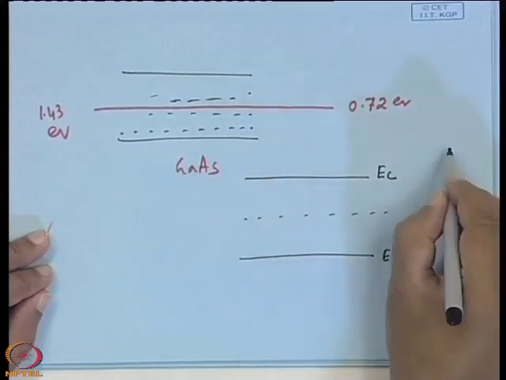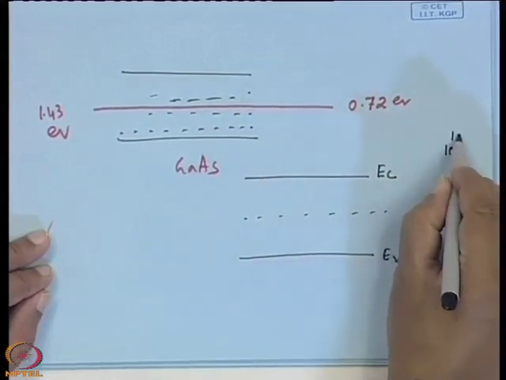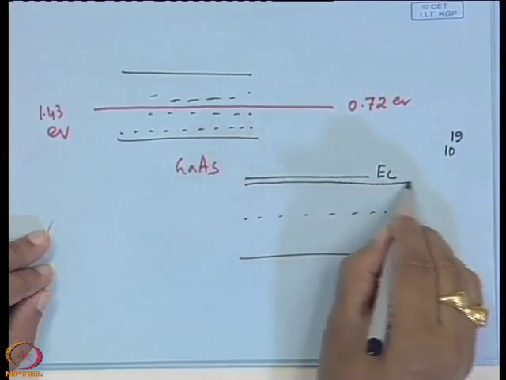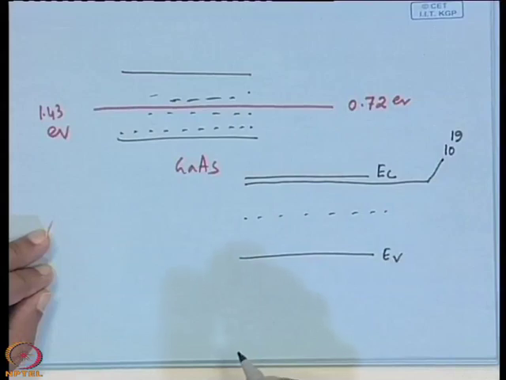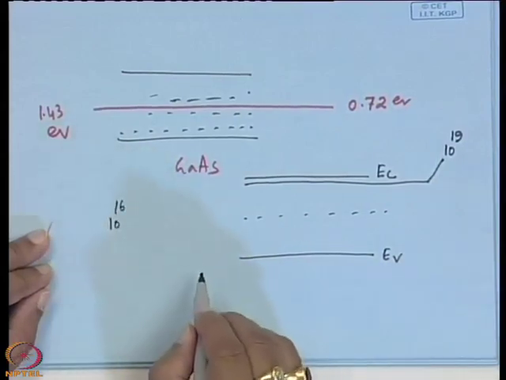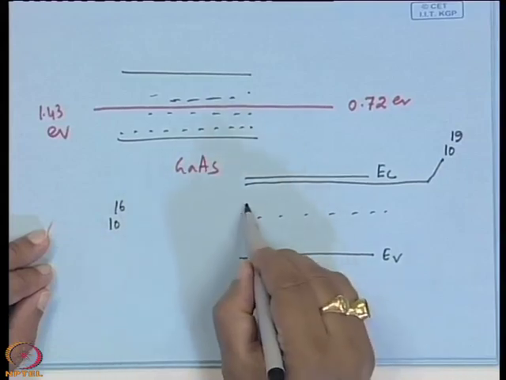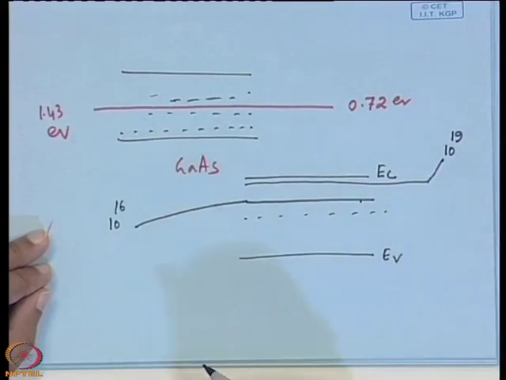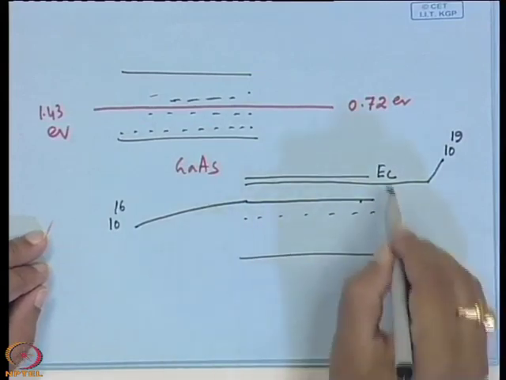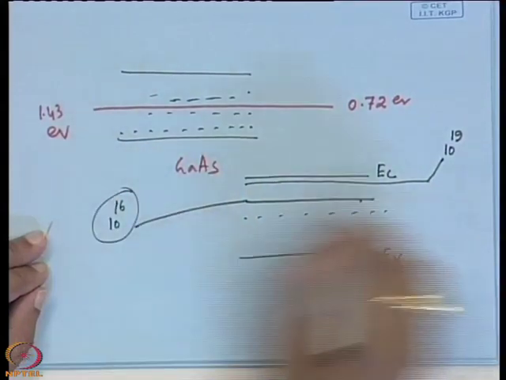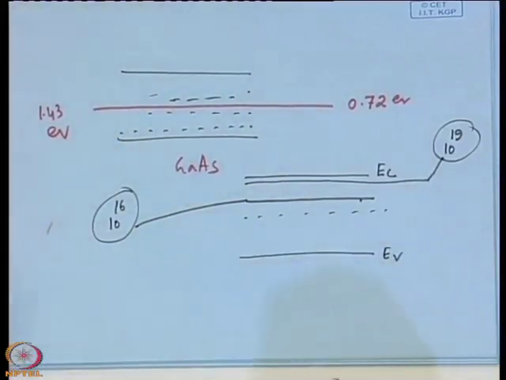If the electron concentration is 10 to the power 19, then say this is the position of the Fermi level. If it is 10 to the power 16, where should the position be? It will be nearer to the intrinsic level. So the position of the Fermi level changes depending on the concentration of electrons or holes.